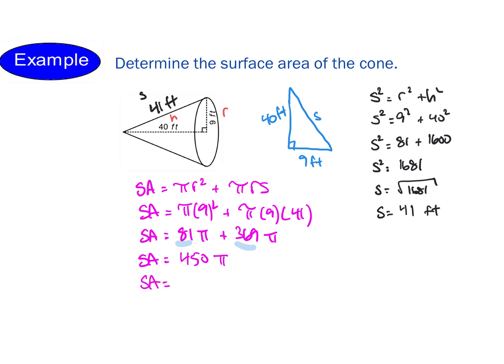And then we'll just take our calculator, go pi times 450 equals, and what do we get? 1,413.72, and the units are feet, so it's feet squared or square feet.